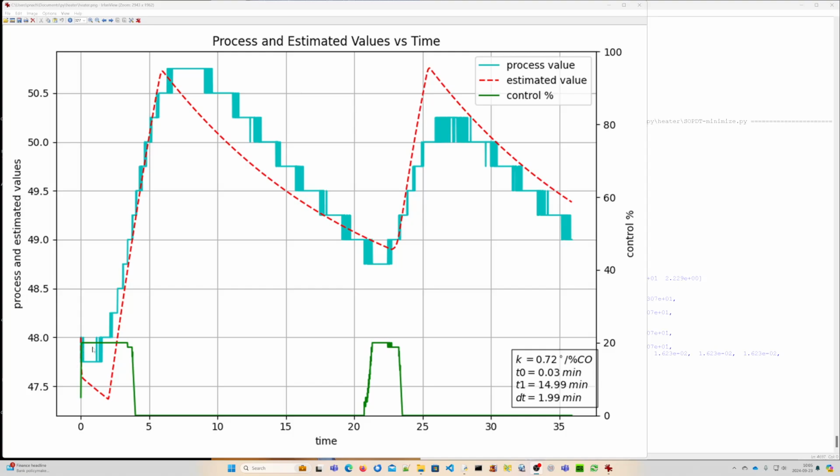And you can see this is the control signal, and it's like 0 to 20% is what it was doing. I don't know why it was making little jumps here, but anyway, 0 to 20%. And then the cyan line, the light blue line, is the process variable or the temperature, and you can see it's quite coarse.